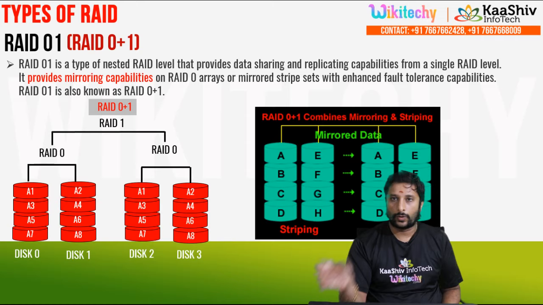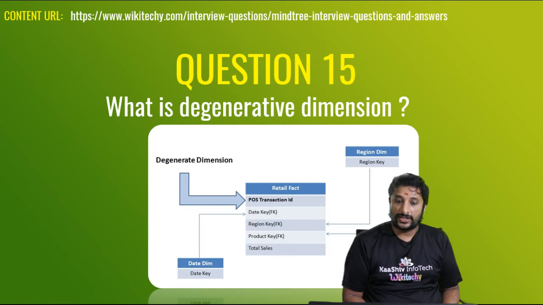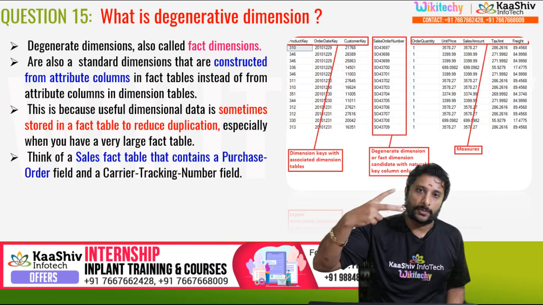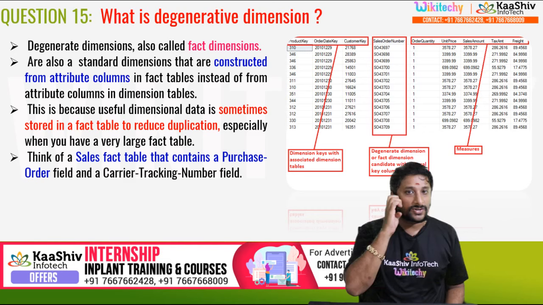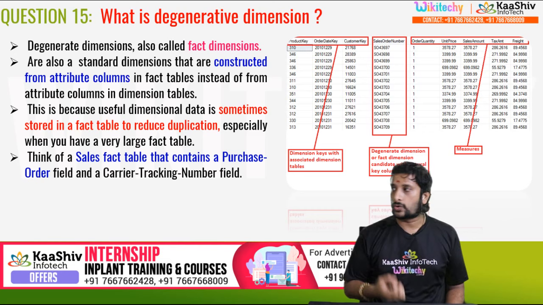Now let's move on to the next question, the degenerate dimension. What is this? Fetching the data from the dimensional table, they call it a degenerate dimension. In data mining or data analytics, there are two types of tables available: the fact table and the dimensional table. Considering the customer ID, customer address and phone number, it's called fact.